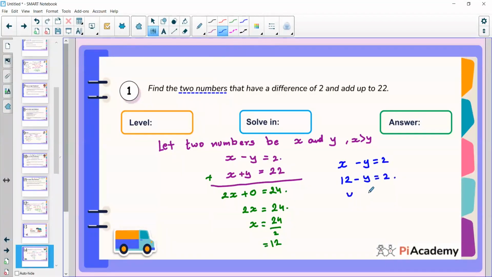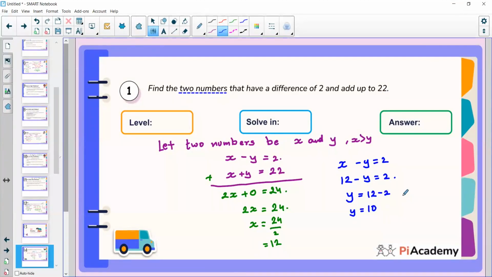So what would be y? y would be 12 minus 2. y is 10. So now what are my two numbers? My two numbers x and y are 12 and 10. Okay. Now what is the difference? 12 minus 10 is 2. They add up to 22.